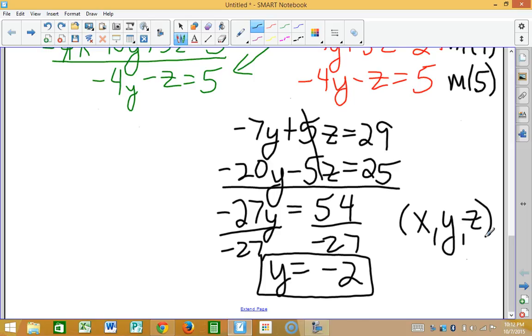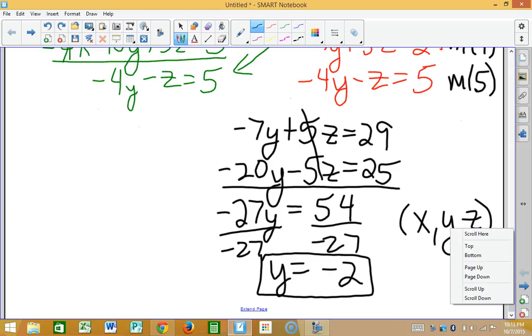Remember, our solution when we solved 2 variables was simply the point x, y. Now, since we have a 3-variable system, we'll actually get a 3-dimensional point, a point in space, represented by x, y, and z. So once we have y, we're going to plug it back into one of the previous 2-variable equations and solve for z.